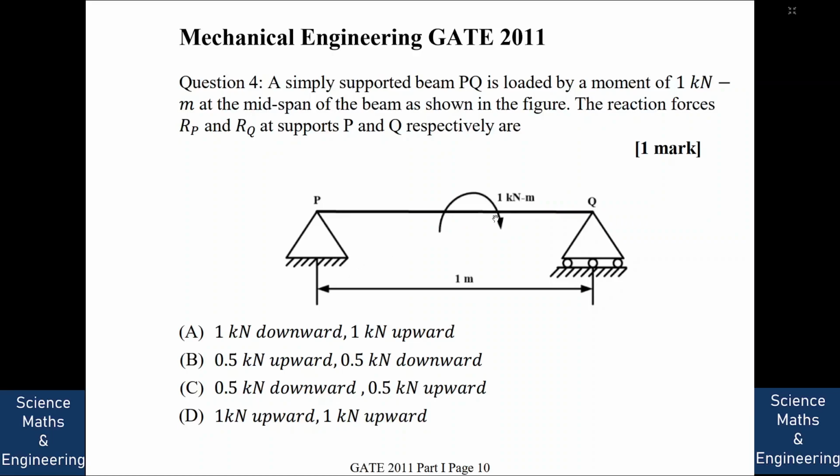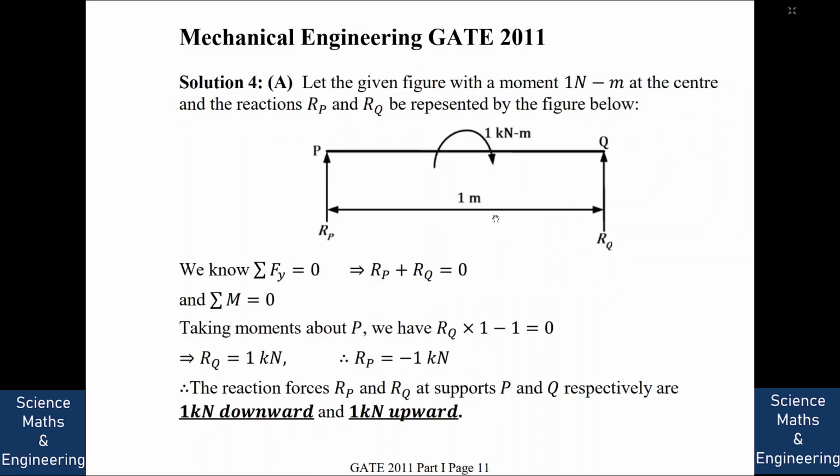So the answer is A. That is, Rp would be 1 kilonewton downward and Rq is 1 kilonewton upward.